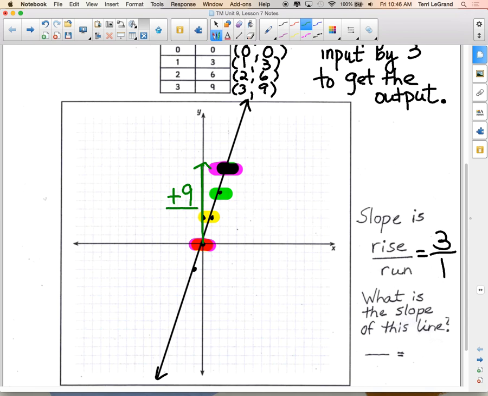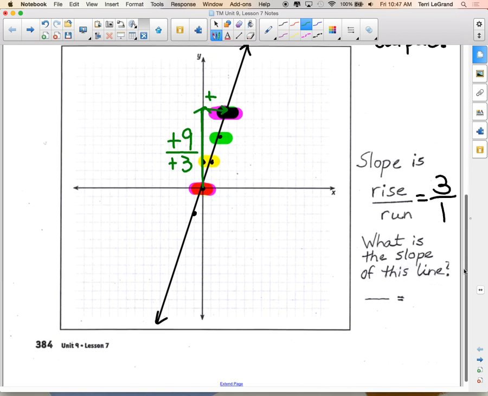What is the run to end up over on top of it? How much do you have to go to the right to land on it? Sam? 3. Anybody else say 3? Okay, so the run is 3: up 9 and over 3 between those 2 points. Tell me something about 9 compared to 3, as if we're comparing 3 to 1 here.